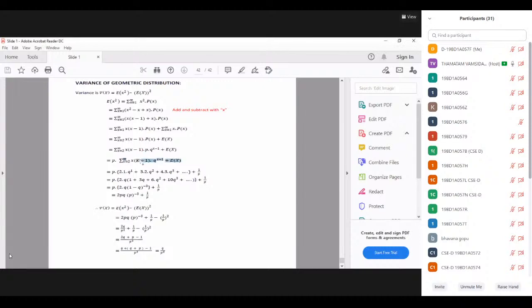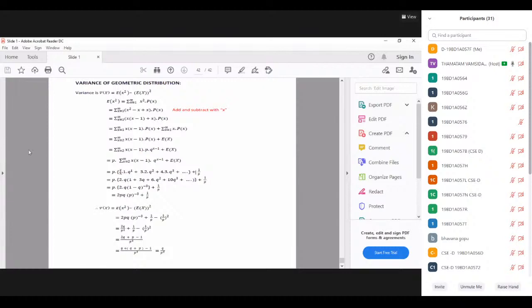You get p into 2 into q plus 3 into 2 into q power 2 plus 4 into 3 into q cube plus so on, and the last term is expectation of x. We know that expectation of x is 1 by p.